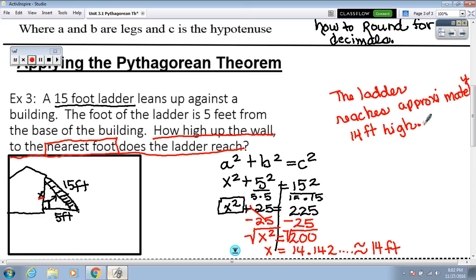Okay, how high up the wall to the nearest foot does the ladder reach? The ladder reaches approximately 14 feet high.